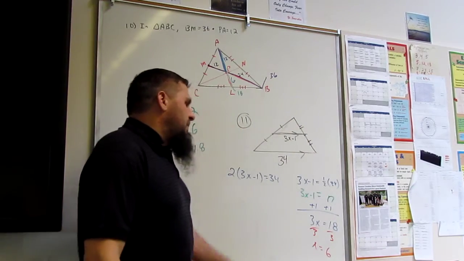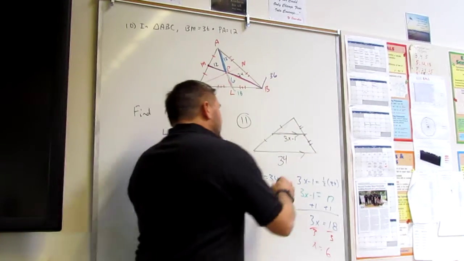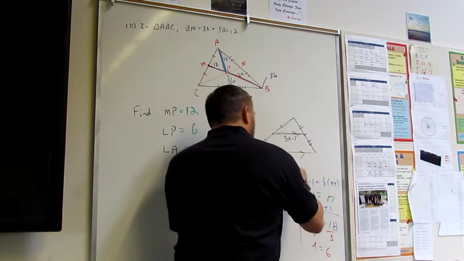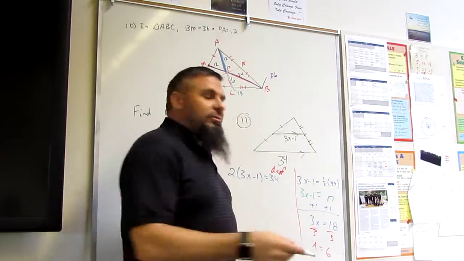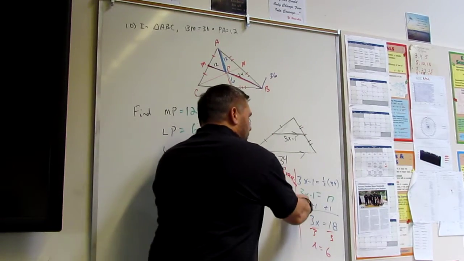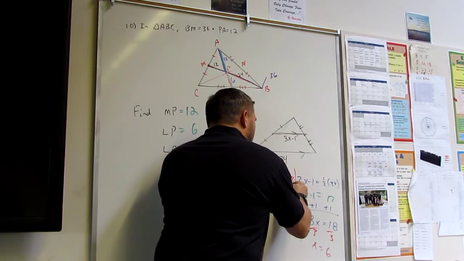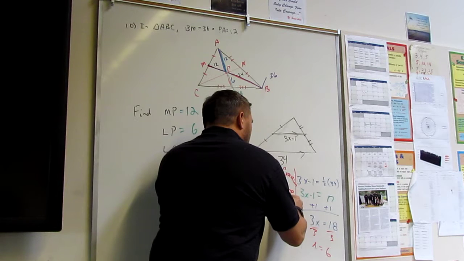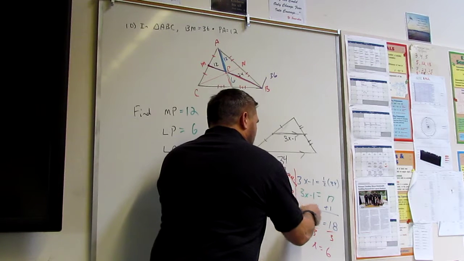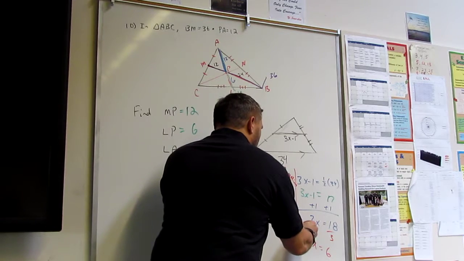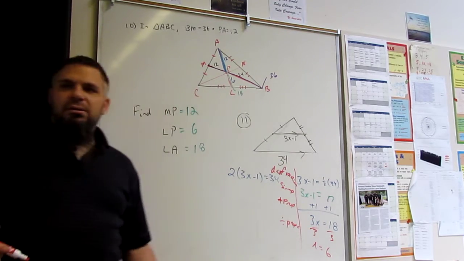Now, could you have come up with some reasons? Definition of a median. And then we simplified. Then what? Addition property of equality. Division property of equality. Okay? That's easy.